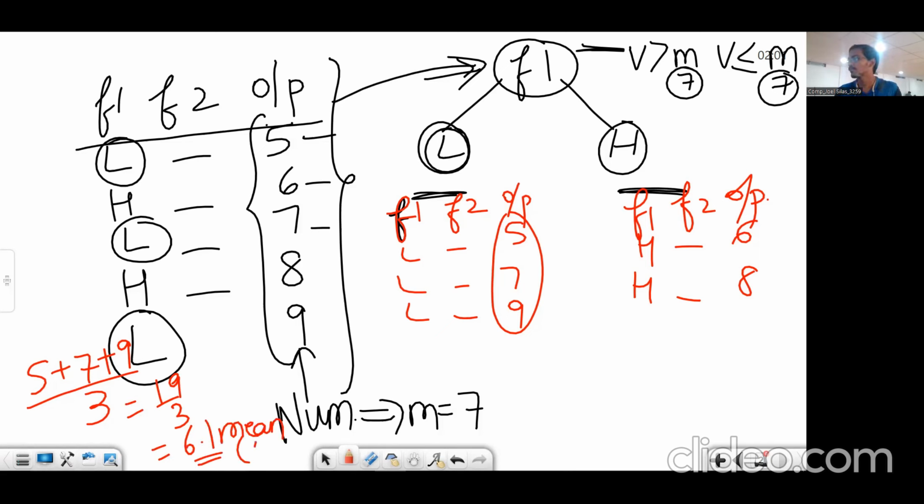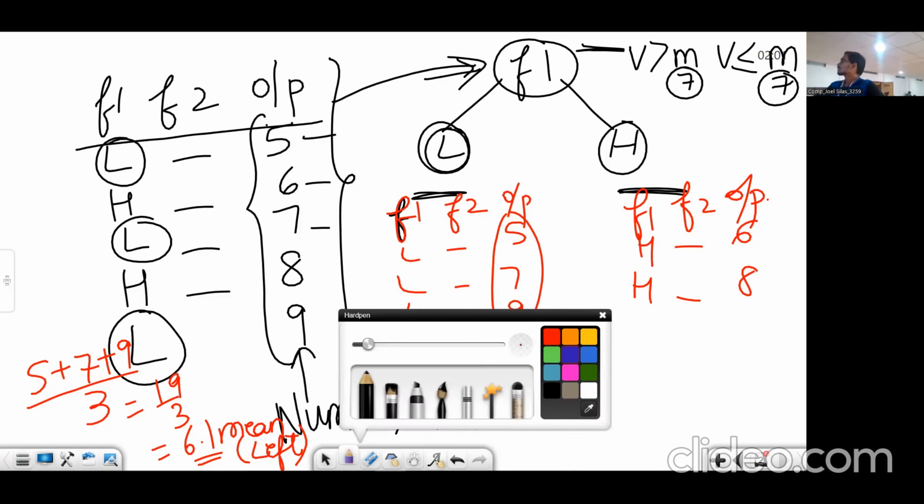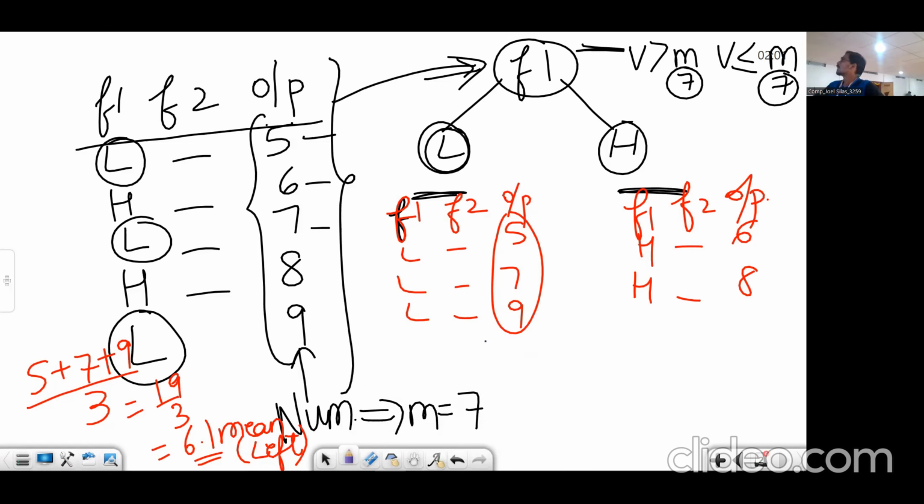Mean of the left subtree. So here, again, instead of labels like yes or no, we have the conditions that whether the value is greater than mean, that is 6.1, or whether the value is less than equal to 6.1.